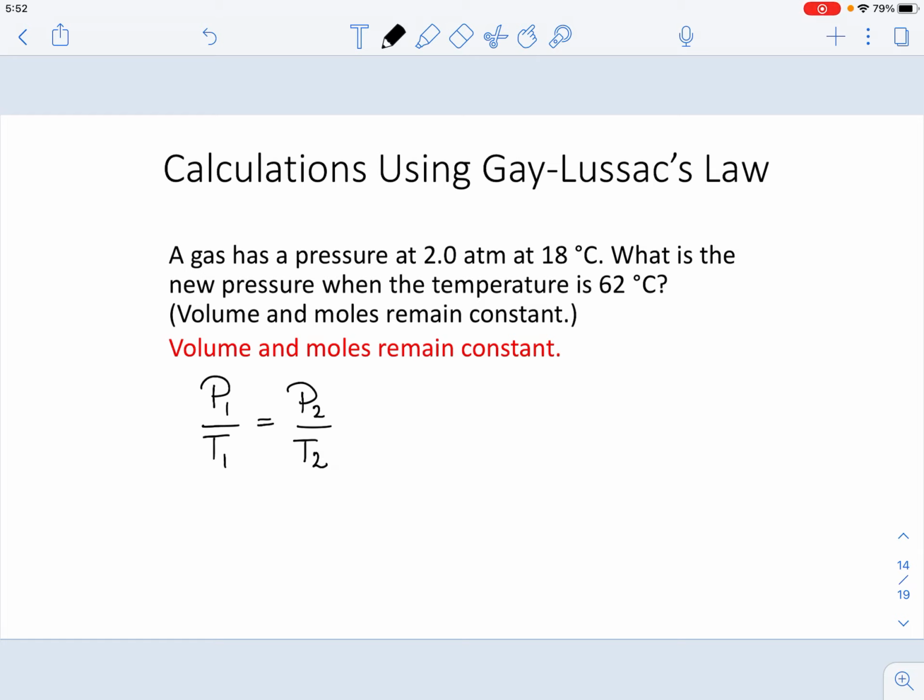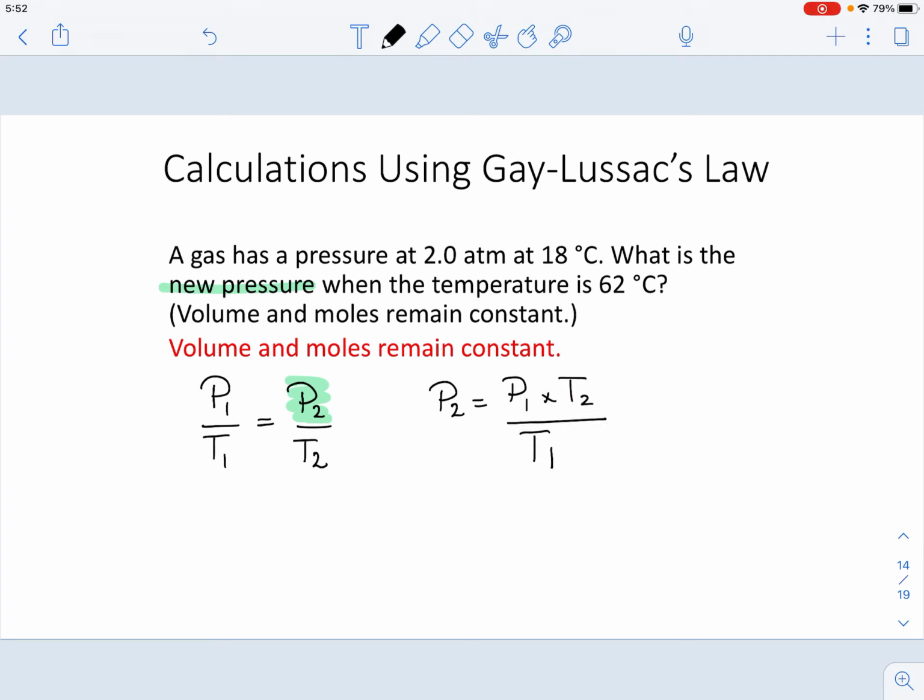Okay? So remember, in the problem, it is stating that we are trying to find the new pressure. So we're going to be finding P2. When we solve this equation for P2, it is going to equal P1 multiplied times T2, everything divided by T1.